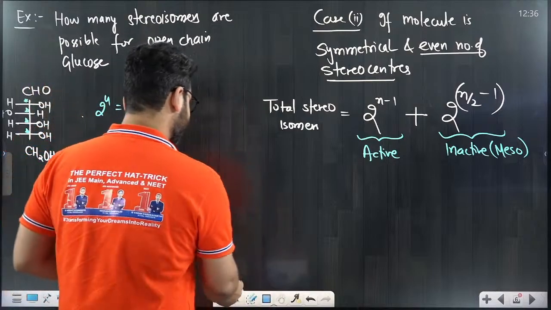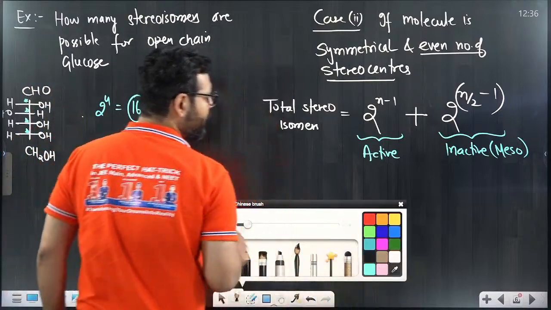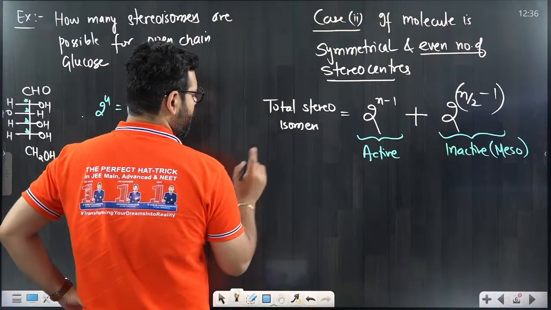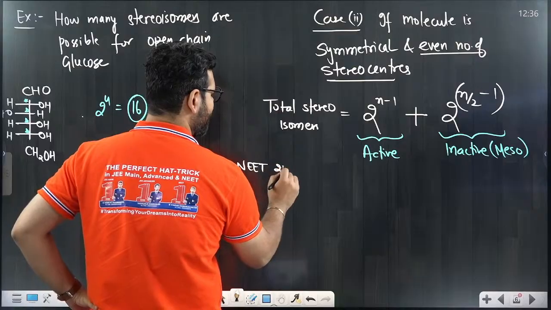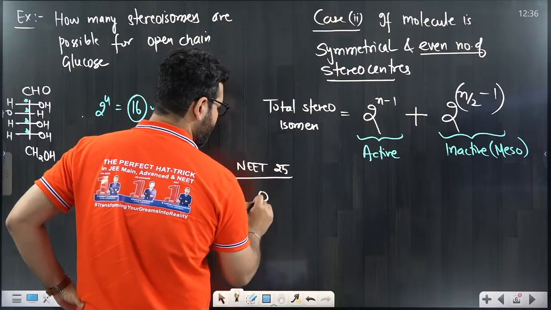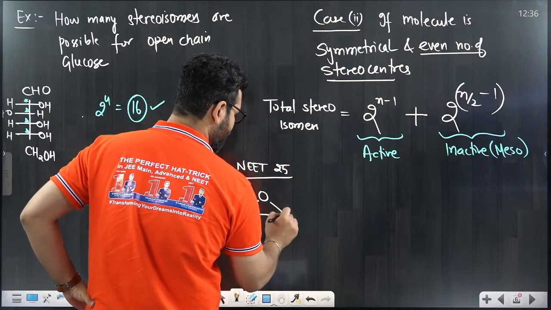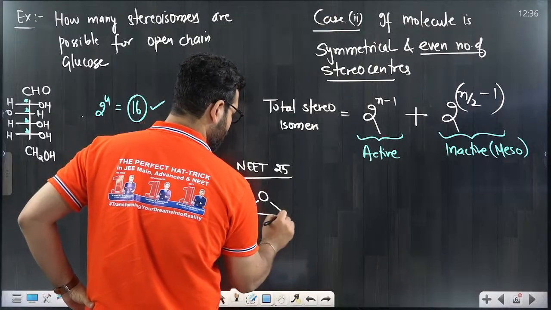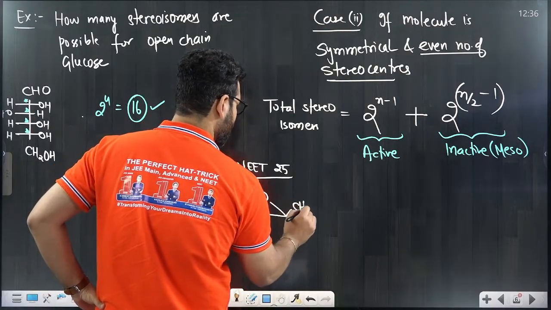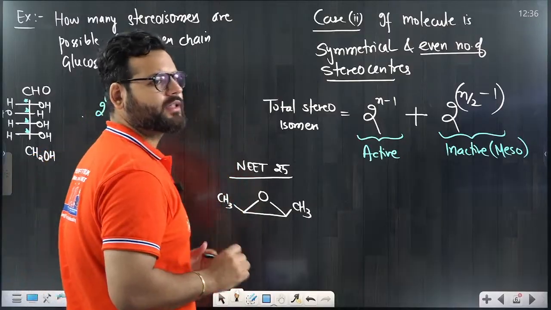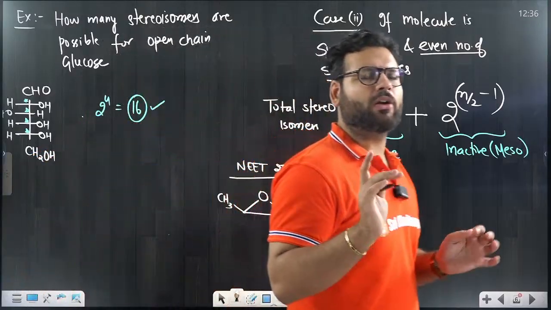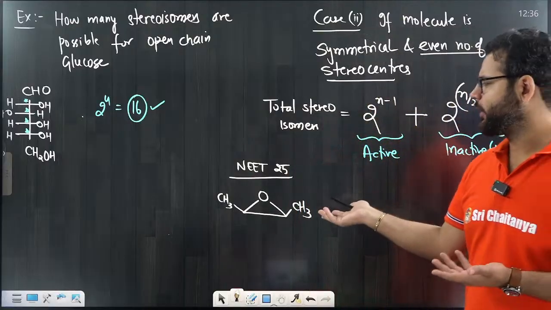For example, one question which came in NEET 25 only, where you were drawing the cyclic ethers of C4H8O. One of the cyclic ethers was coming out to be like this.